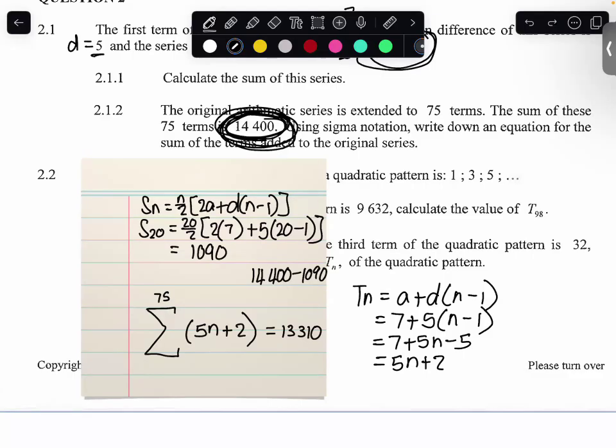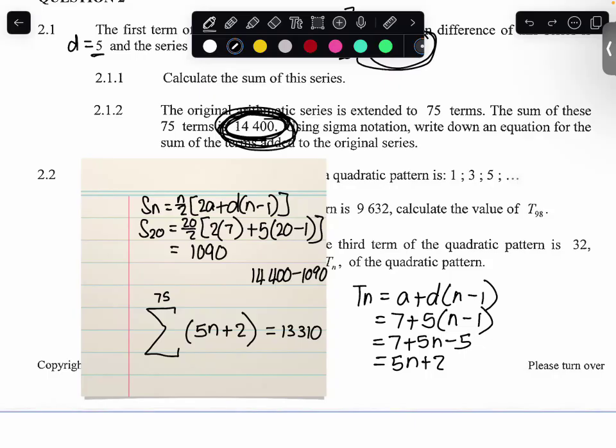That's what we normally put at the bottom of the sigma sign. However, we are not saying that the full 75 terms of the series adds up to 13,310, because that's not true.